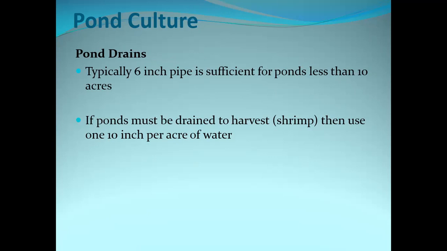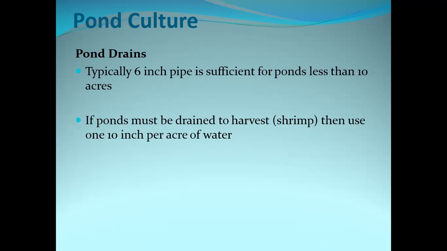So ponds must be drained to harvest, for example when you're dealing with shrimp. It's easier to harvest fish from ponds than it is to harvest shrimp if you don't drain it, because of the behavior of the animals. Imagine you have a pond and you're not draining it to harvest. You decide to use a seine and move through the pond.